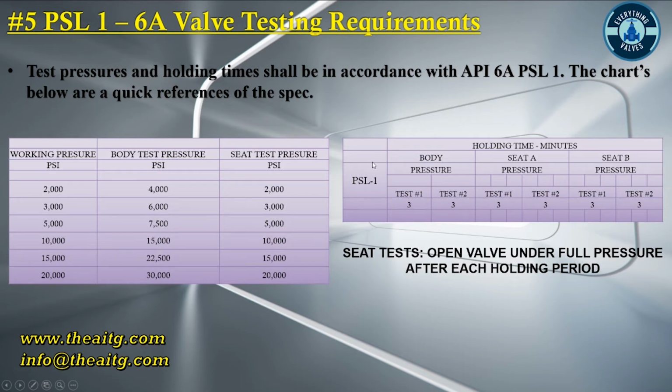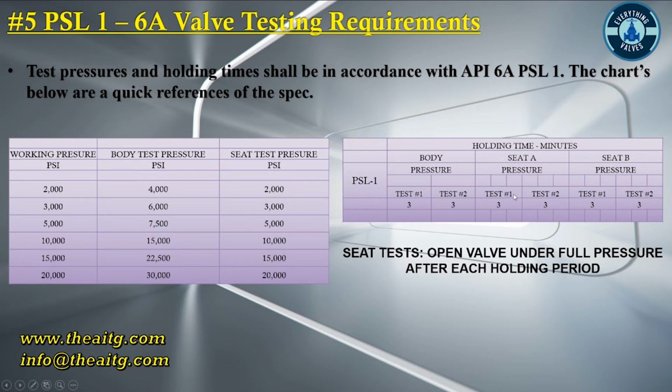In this chart, you can see the PSL1 holding times and required tests. For the body, there are 2 tests that must be performed at 3 minutes each. For your seat A, there are 2 tests required at 3 minutes each. And please note, for seat tests, open the valve under full pressure after each holding period.